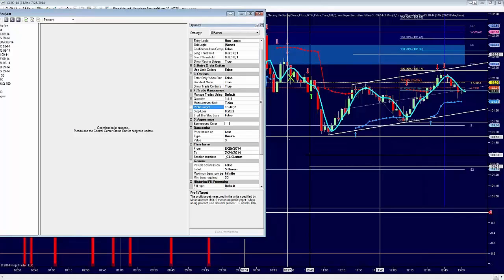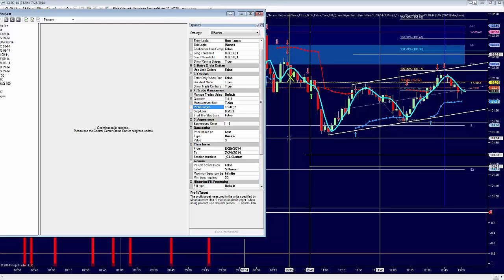Now that was using, I think, maybe a 30-tick profit target and 12 ticks for a stop. Previously it was only $1,200 profit. Well, remember that's not accounting for slippage and commission. But I was using, I think, an ATR stop and target, a 4 ATR target and a 2 ATR stop. So that was only $1,200.